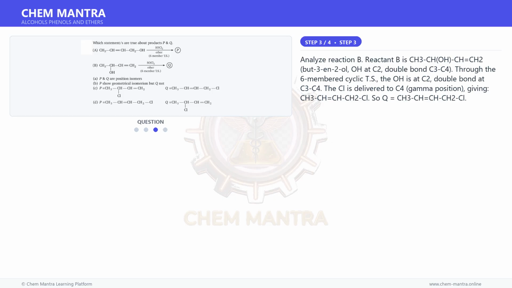Analyze reaction B. Reactant B is CH3-CH(OH)-CH=CH2, but-3-en-2-ol, or O at C2, double bond C3, C4. Through the 6-membered cyclic TS, the O is at C2 and the double bond at C3, C4. The Cl is delivered to C4, gamma position, giving CH3-CH=CH-CH2Cl.